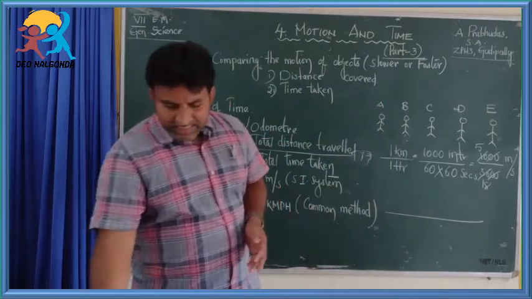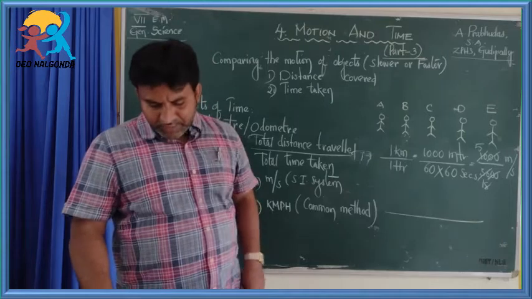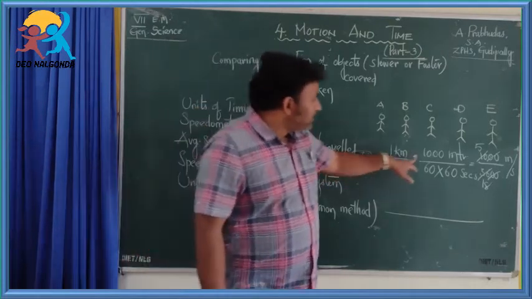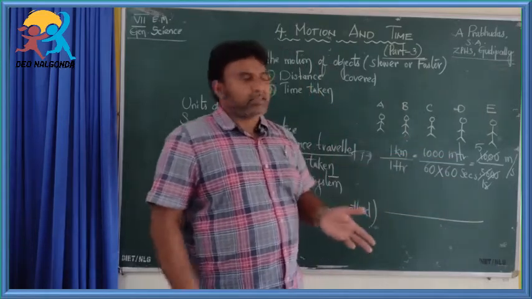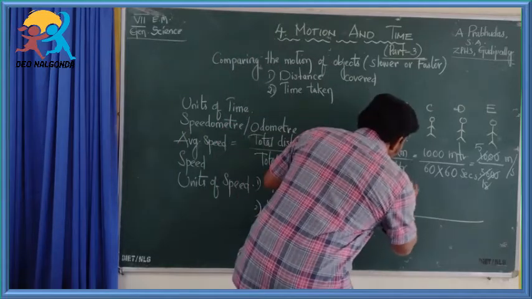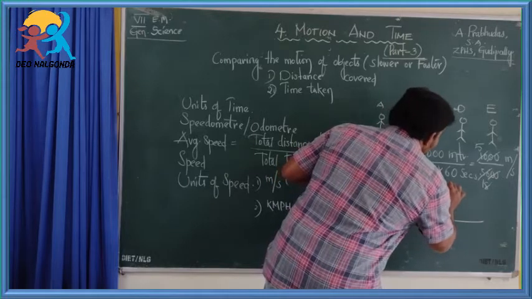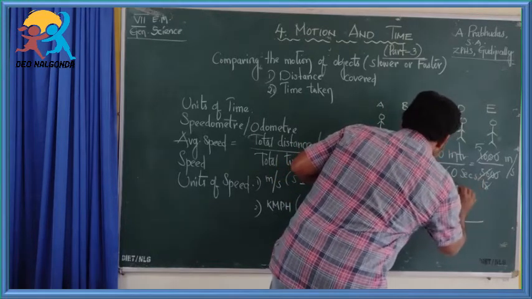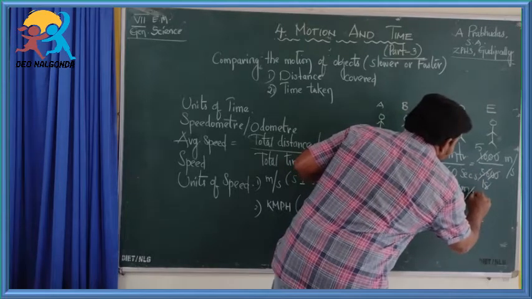That is clearly given in your textbook at page number 41. 1 kilometer per hour is equal to 5 by 18 meters per second. Conversely, we can also say 1 meter per second is equal to 18 by 5 kilometers per hour.